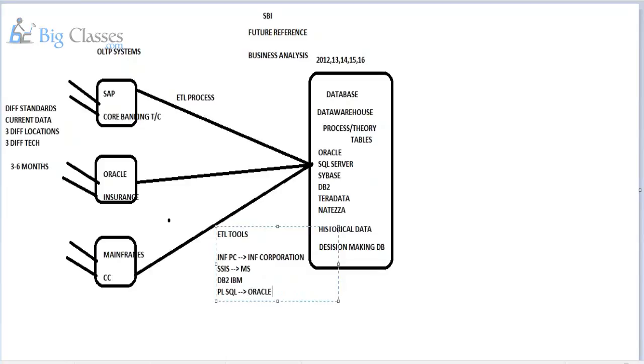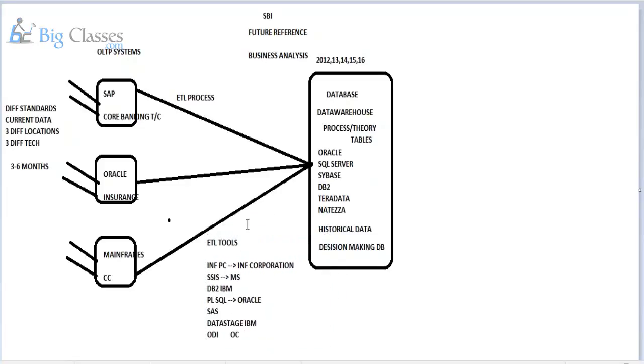So it's a code-based ETL, meaning you can write packages and procedures to perform the ETL. You can also perform the ETL by using SAS. And you can use the tool called DataStage, which is from IBM. Then there is Oracle Data Integrator, which is from Oracle Corporation. So these are all the different ETL tools where you'll work as an ETL developer and create the ETL process.